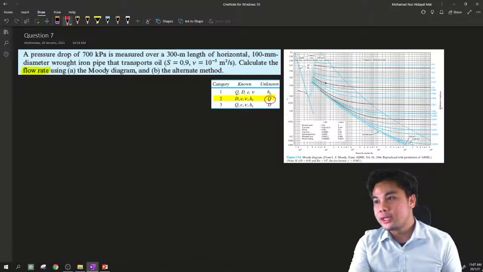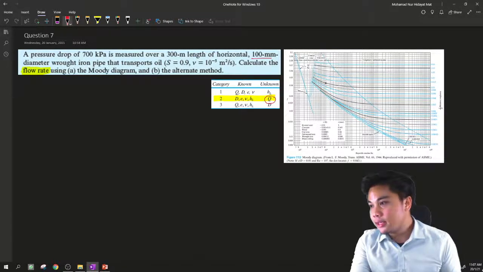They will give you the D. You can see the diameter is 100 millimeter, and then the E, the roughness element height, you can get directly from the Moody diagram for rough iron.